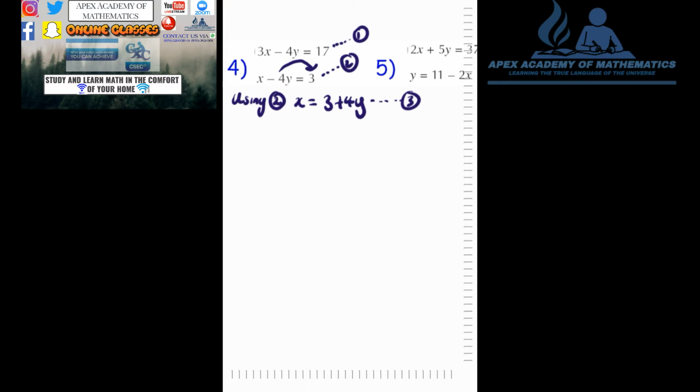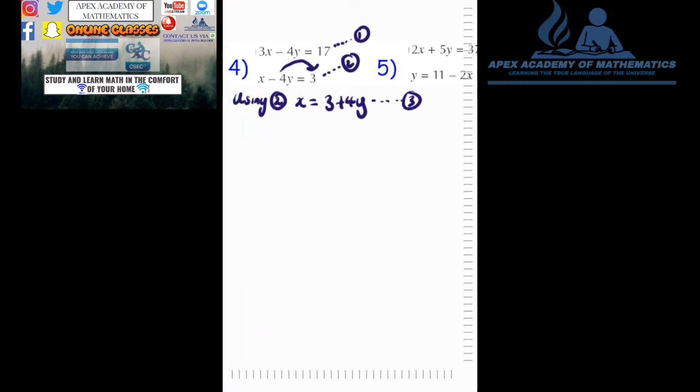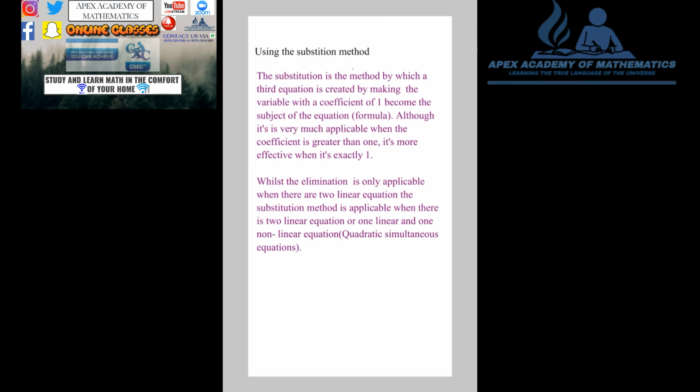Now, whilst the elimination process is applicable when there are two linear equations, as I mentioned before, a regular simultaneous equation, the substitution method is applicable when there are two linear equations, and also one linear and one non-linear.